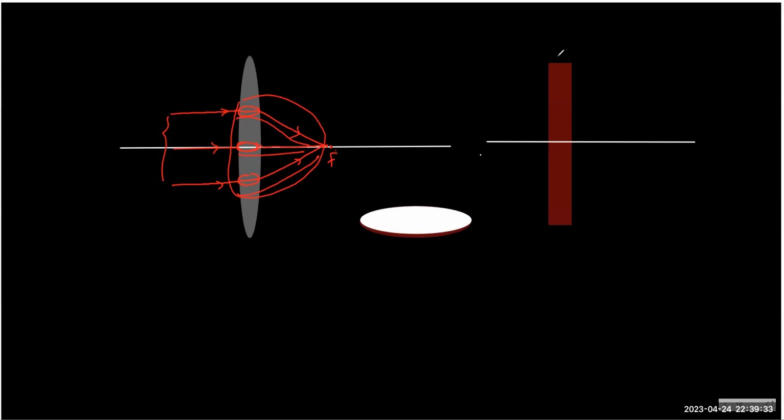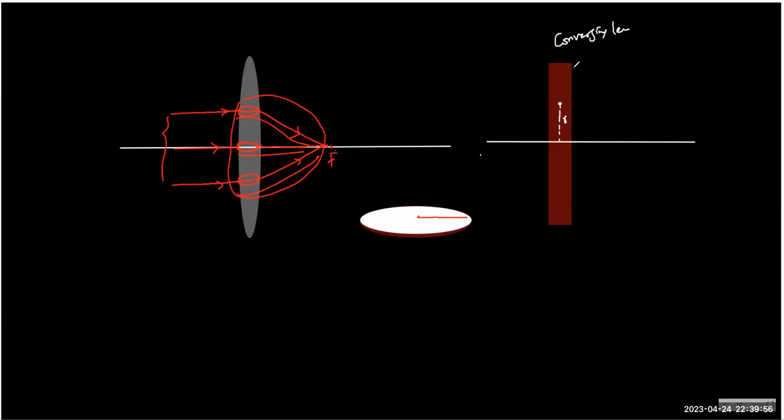Now this is the axis of the disc. I want this disc to behave as a converging lens. And therefore, as we move away from the axis, I start changing the mu value.